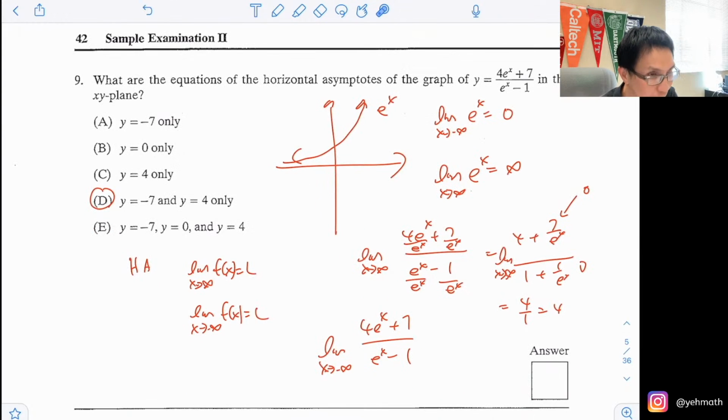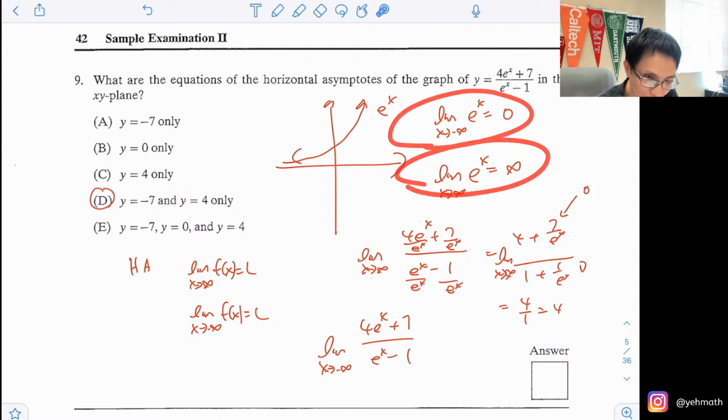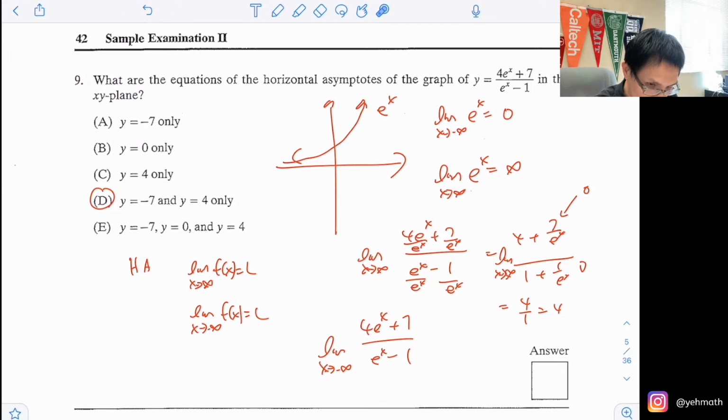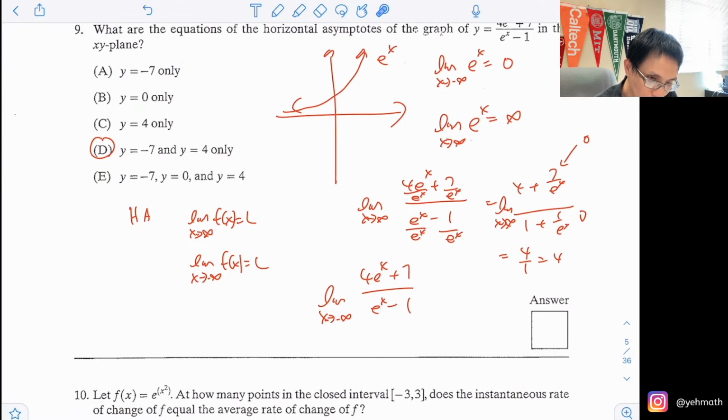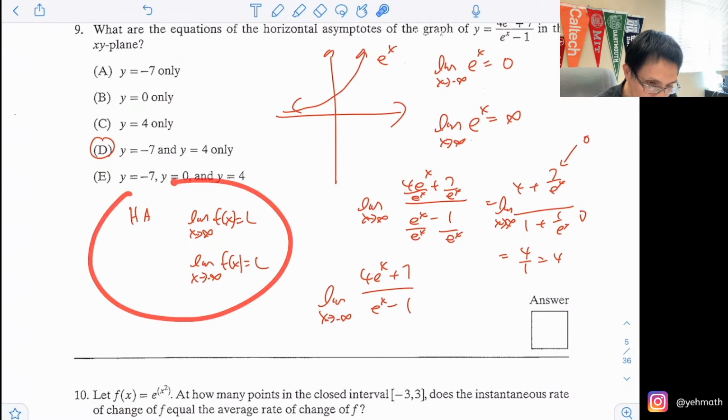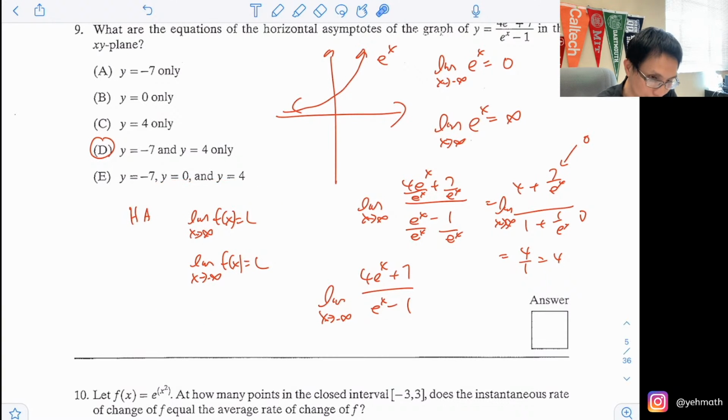Number 9, a very important question as well, is you have to understand the graph of e to the x. Why do you have to understand e to the x? Because as x reaches infinity, e to the x is equal to infinity, and as x reaches negative infinity, it is equal to 0. If you know this, it's going to help you solve the problem. For the horizontal asymptote, you always check infinity and negative infinity.